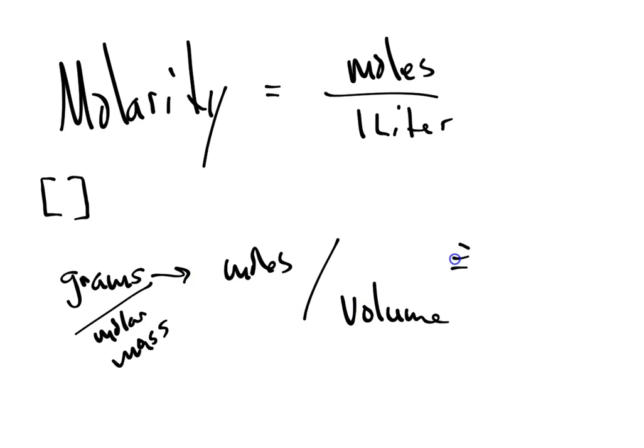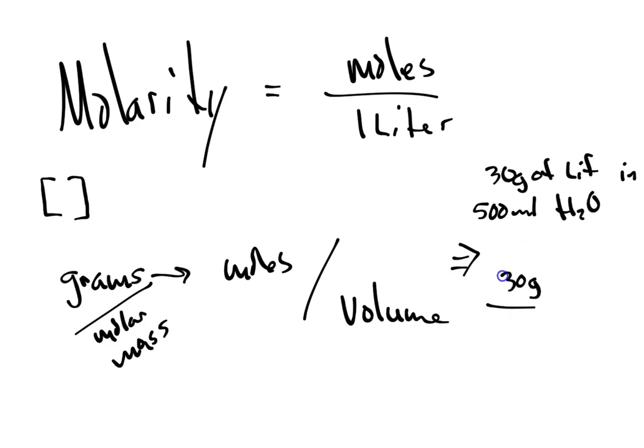Okay, so for instance, if you have 30 grams of LiF in 500 milliliters of water. So you take your 30 grams, you divide it by the mass of LiF, which is 26.